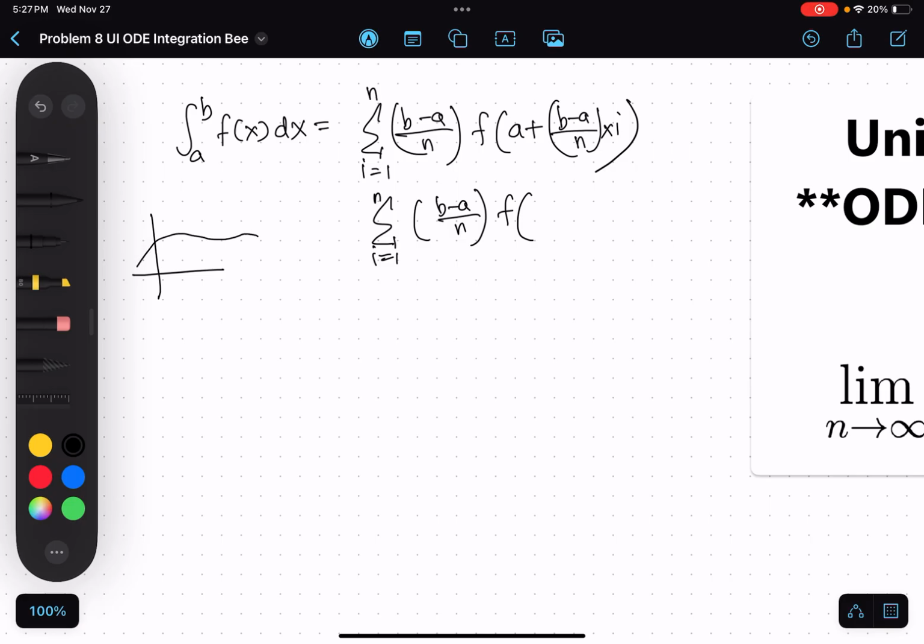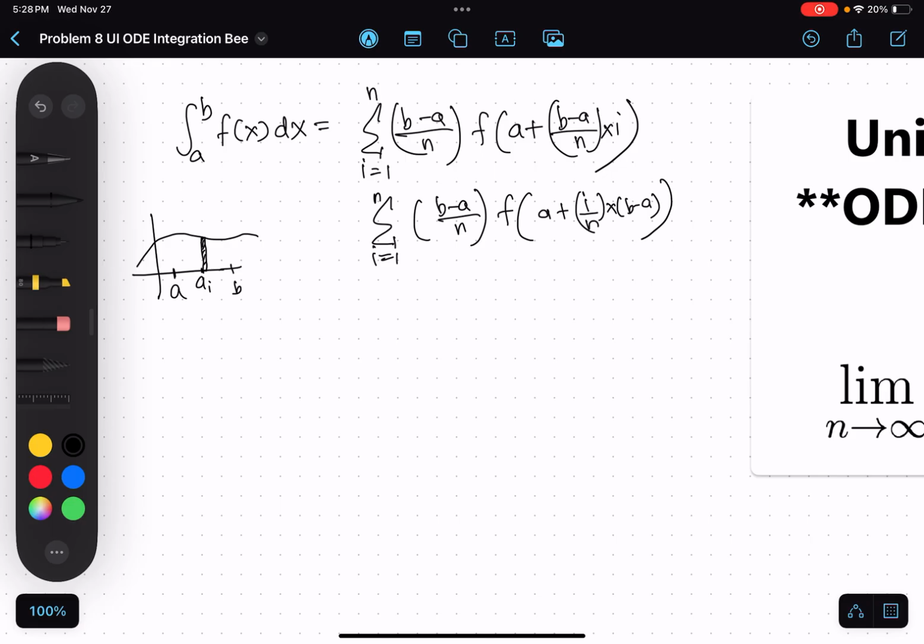Let's say I'm going from a to b, so basically this is some a_i. So f of this a_i gives this height, and this gives this small width, and that makes this small area, and we basically sum all of these rectangles from a to b, and that's how Riemann sum works. This is basically i by n times (b minus a).